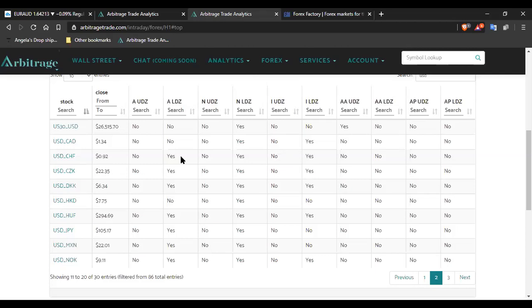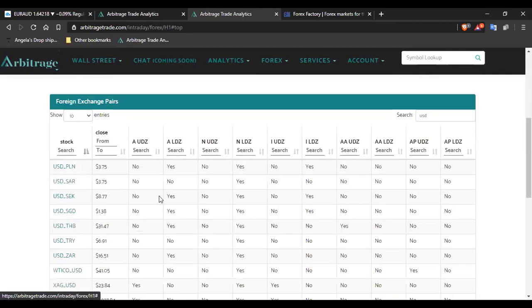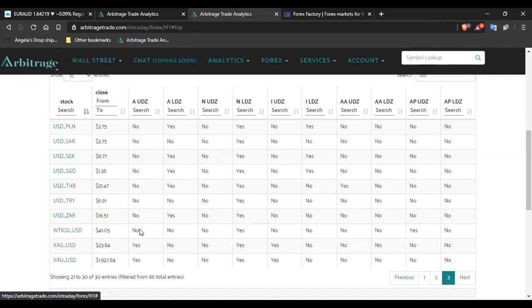USD Mexican pesos is confirmed. All right. We have a lot of USD pairs that are ready to make a move. It is FOMC this week though, so we have to be careful with a lot of USD pairs. All right, so that's for USD.